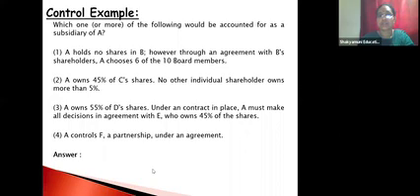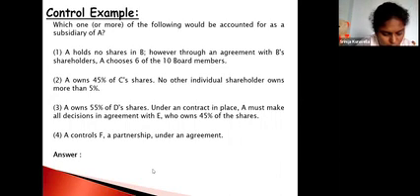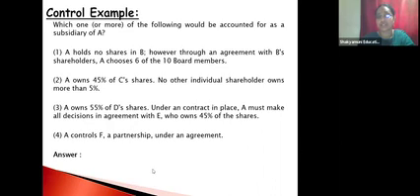A owns 55% of D shares. Here they own more than 50% of shares, right? But there is an agreement with E. So E is another shareholder, who owns 45% of shares. Whatever decisions are taken with respect to company D, who has the power?